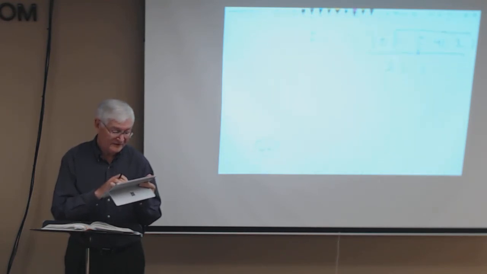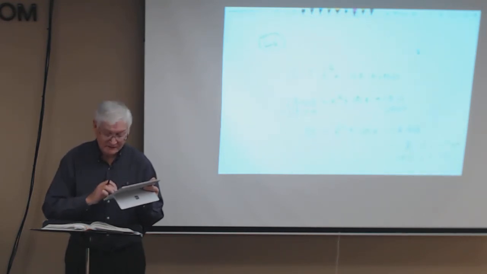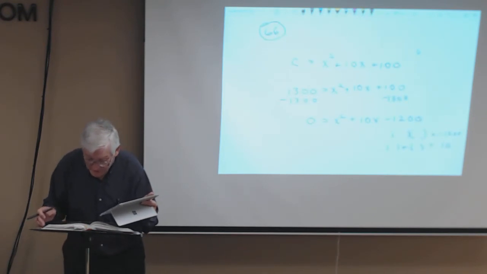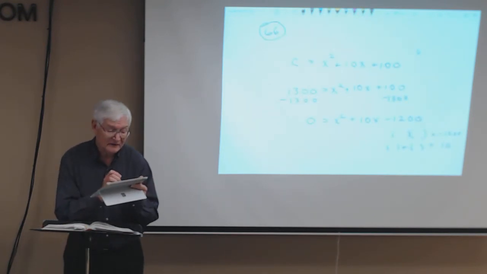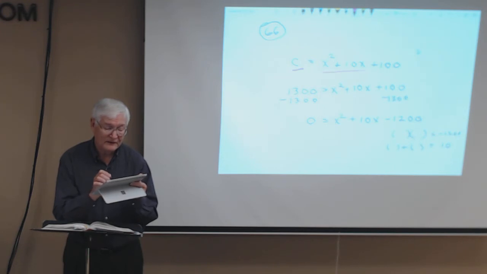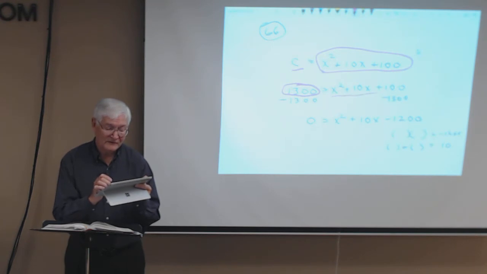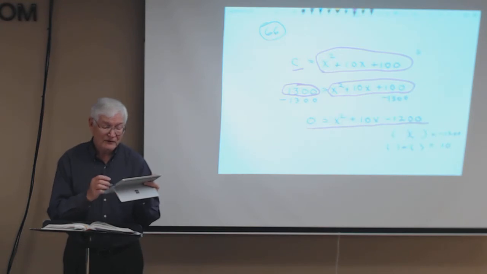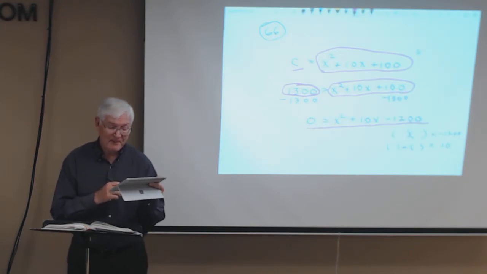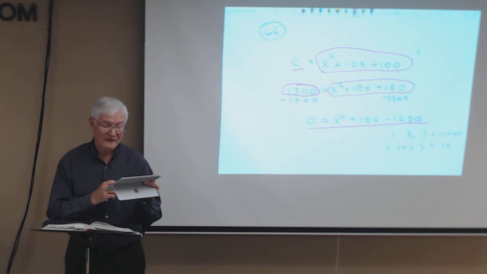Number 66. They gave you a different formula for 66. C equals all of this, and 1300, if that's the cost, equals all of this. So you get an equation that says this, and you can factor it, or use the quadratic formula.